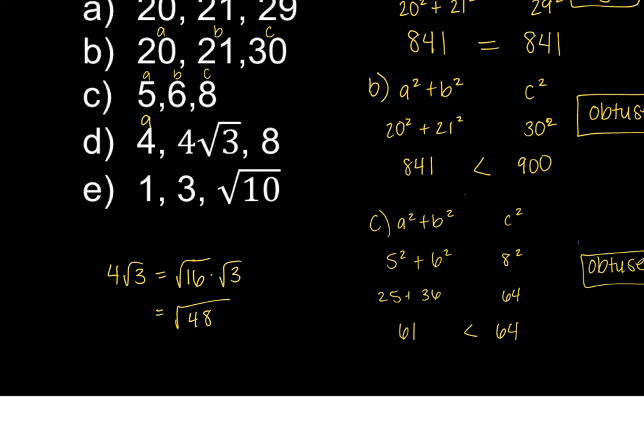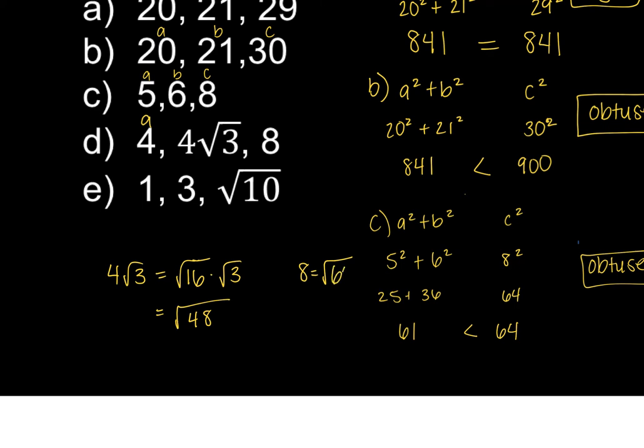Okay, now we're going to do the same thing with the 8. We're going to take 8 and we're going to make it into a square root. 8 is the same as the square root of what? Nope. 64.